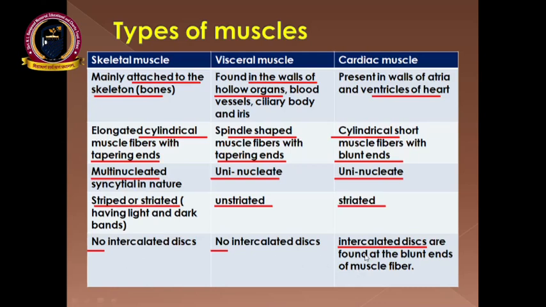Intercalated discs help in connecting the branched cells or myofibers in the cardiac muscles to each other, end-to-end connection, and they also have gap junctions, which allow the movement of ions. Communication between the different muscle fibers of the heart wall is brought about by these intercalated discs.